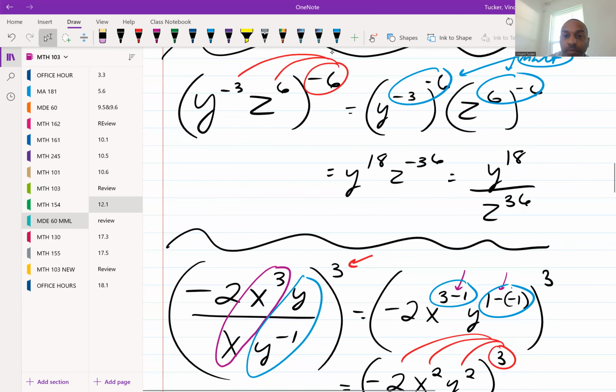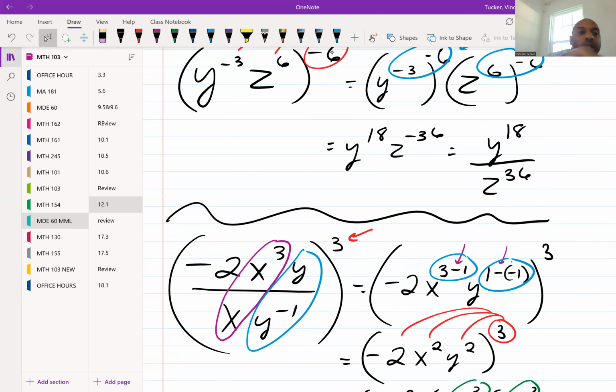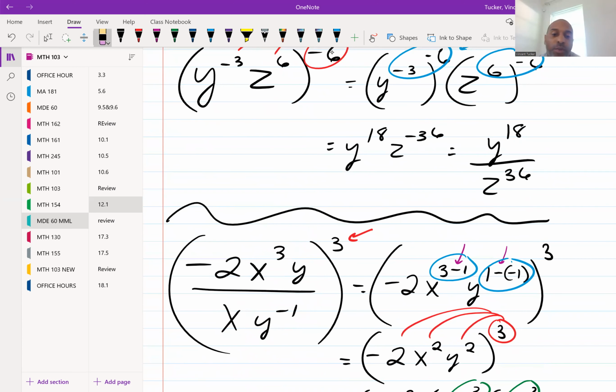All right, so we've got another one. So here we have -2x cubed y over xy to the negative first power, all raised to the third power.